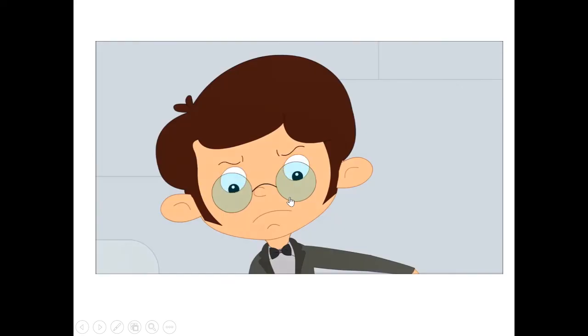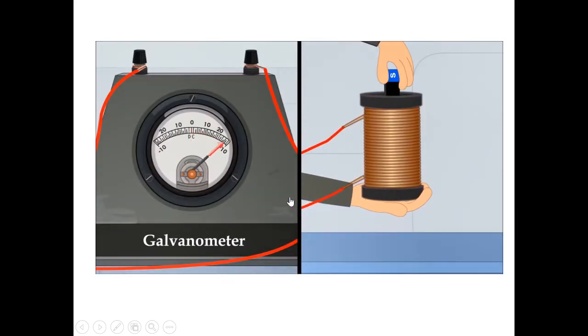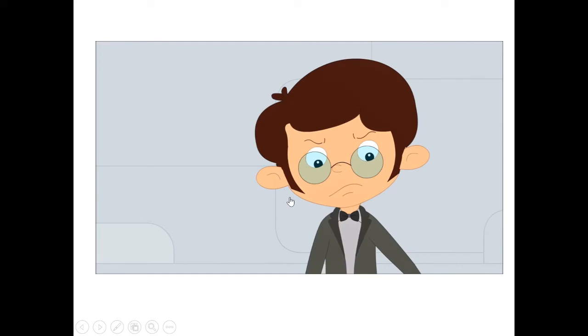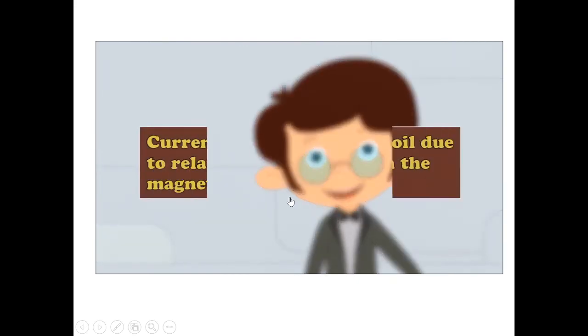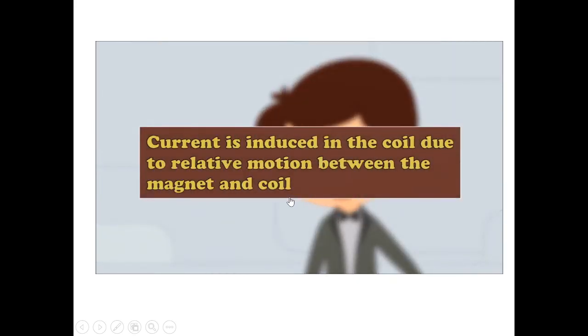These are some experiments we have done. I can still see deflection. Current is induced in the coil due to relative motion between the magnet and the coil. Relative motion, that is an important point.